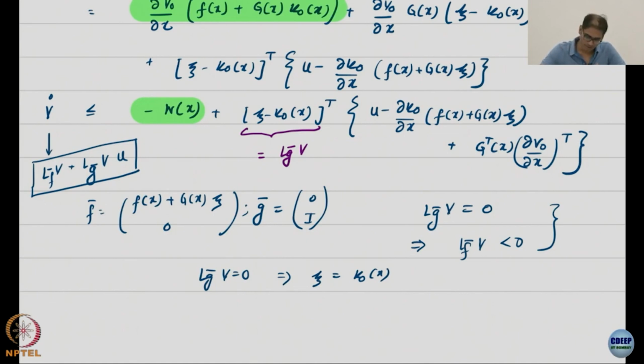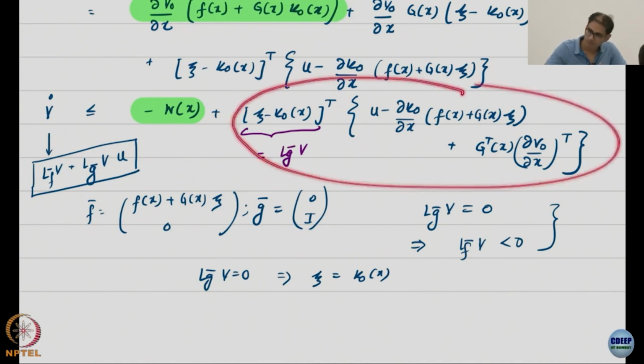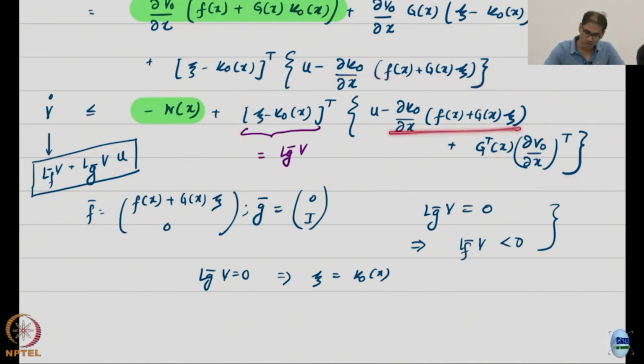If psi is equal to K naught x, you know that everything here goes to 0. By the way, these were all drift terms also. I hope you believe that this multiplied by this was also a drift term, part of LF bar V. But because psi minus K0 x is equal to 0 if LG bar V is 0, all of these go away.